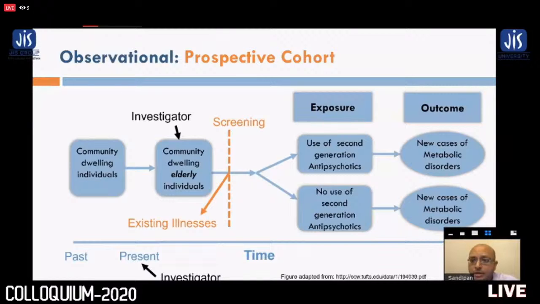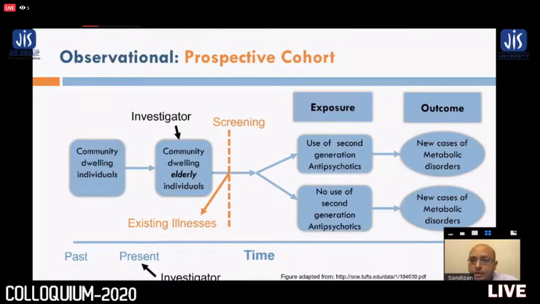However, as I mentioned before, we have recall bias. If you ask me what happened, if I took a medication 6 months or 1 year back, I may not be able to tell you very accurately. So there is a problem with recalling that event. That's what we call recall bias. Difficulty establishing temporal relationship. It is almost not possible to know how and what happened.